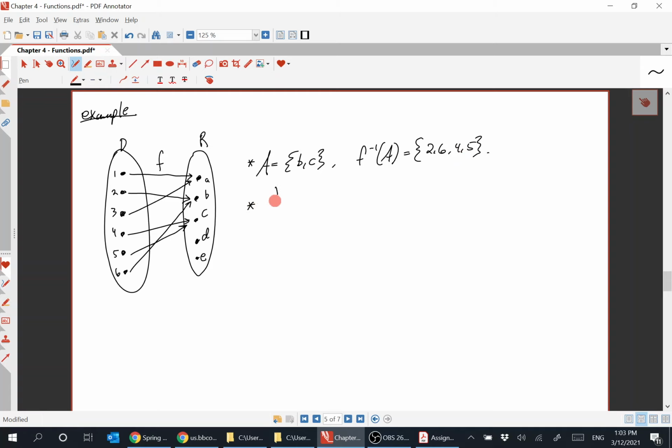What if it was just one element? Again, inverse functions don't exist. This expression here does not make sense. There is no f inverse of b. I mean, if there was an f inverse of b, what would it be? 2 or 6?